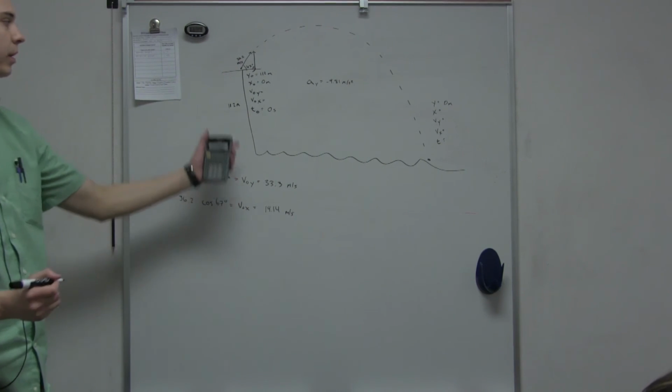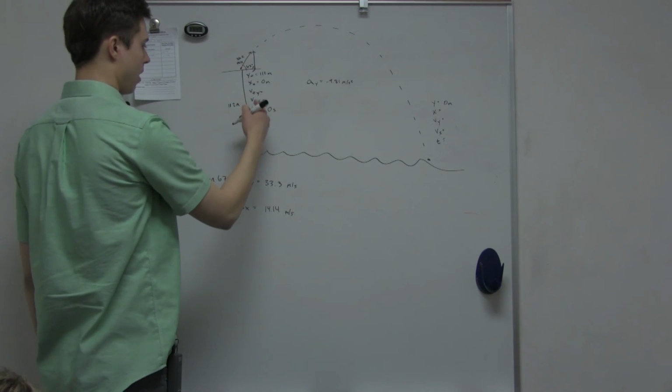Cool, so now we have values that we can plug in to our diagram for v naught y and v naught x.